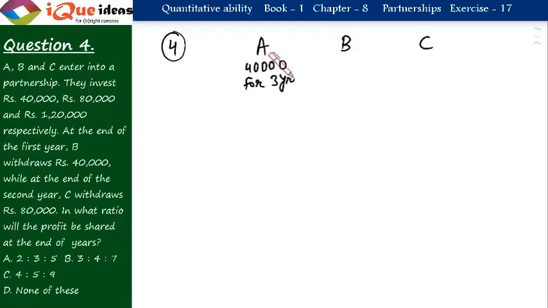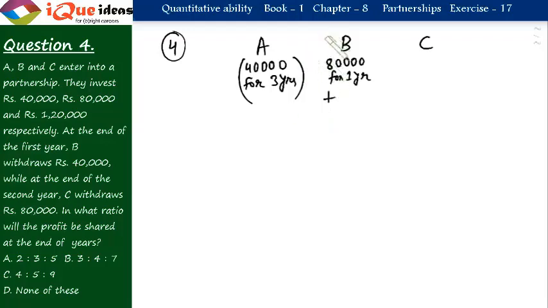Now, when it comes to B, because B withdraws at the end of first year, for the first 1 year his investment was 80,000 rupees, but that was for 1 year. Then he has withdrawn 40,000. That means out of 80,000, even if he withdraws 40,000, still 40,000 is remaining.